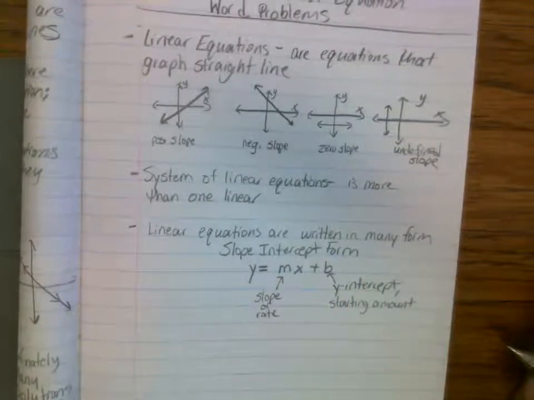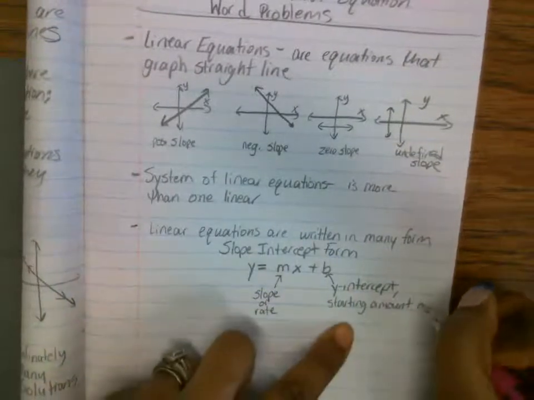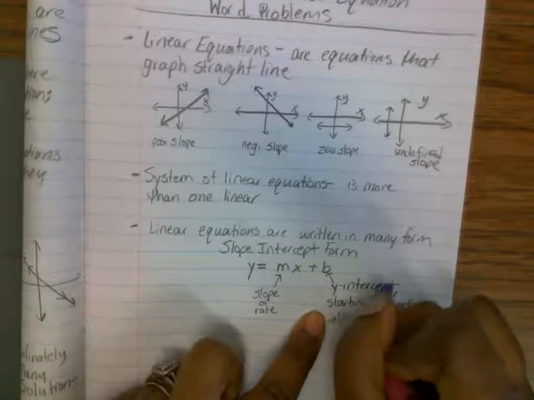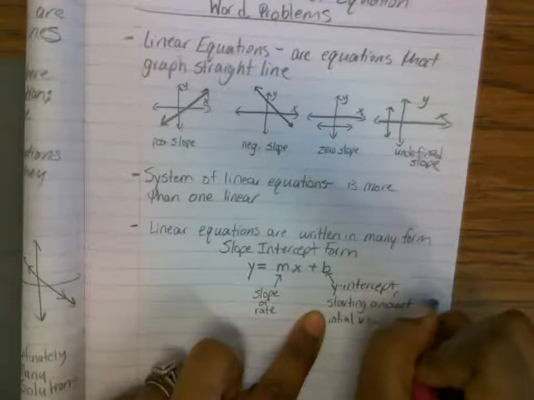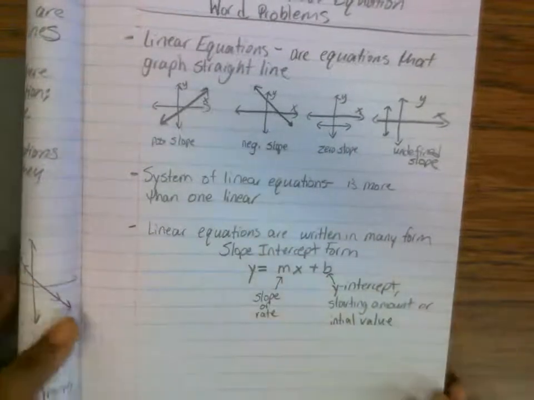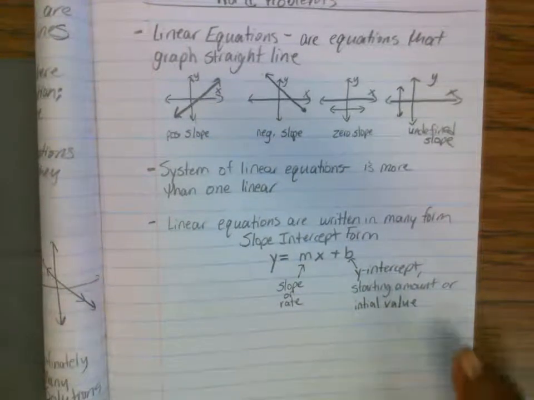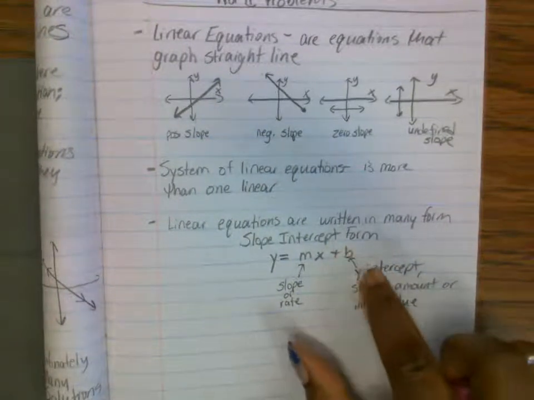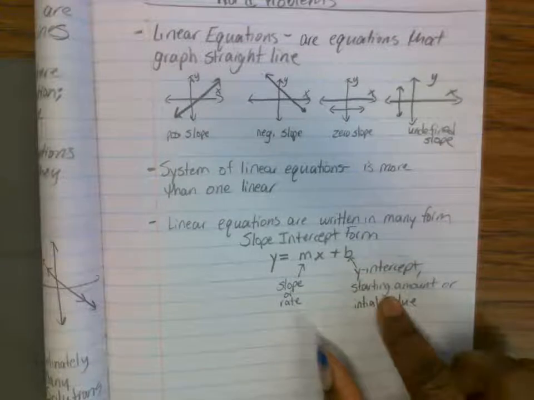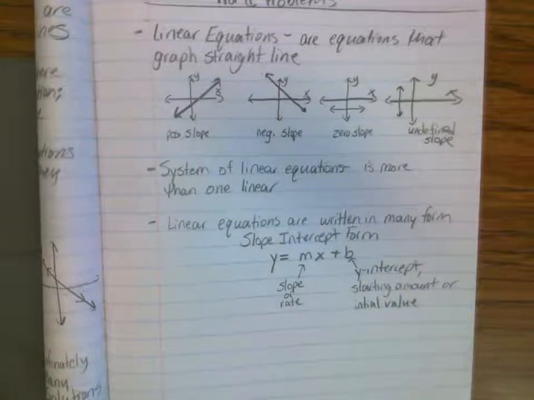These are the different names for the number that has no variable attached to it. All of them mean the same thing.